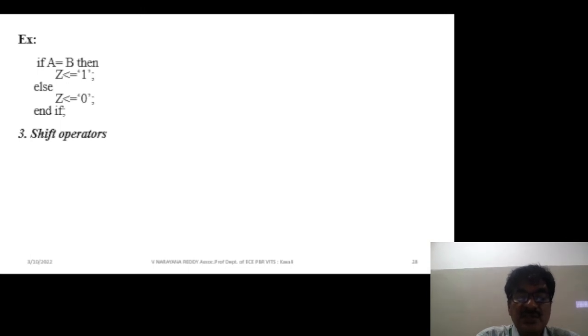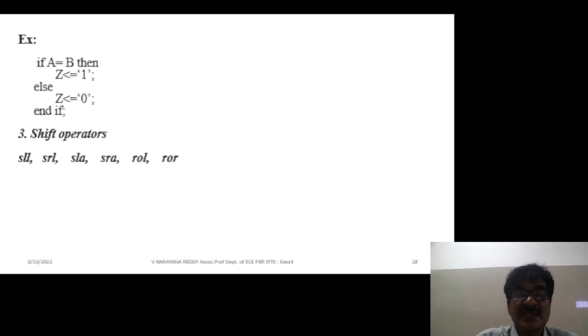So to do those actions or functions, some shift operators are available in the language. They are named SLL, that means shift left logic; SRL, shift right logic; SLA, shift left arithmetic; SRA, shift right arithmetic; ROL, rotate left; and ROR, rotate right.